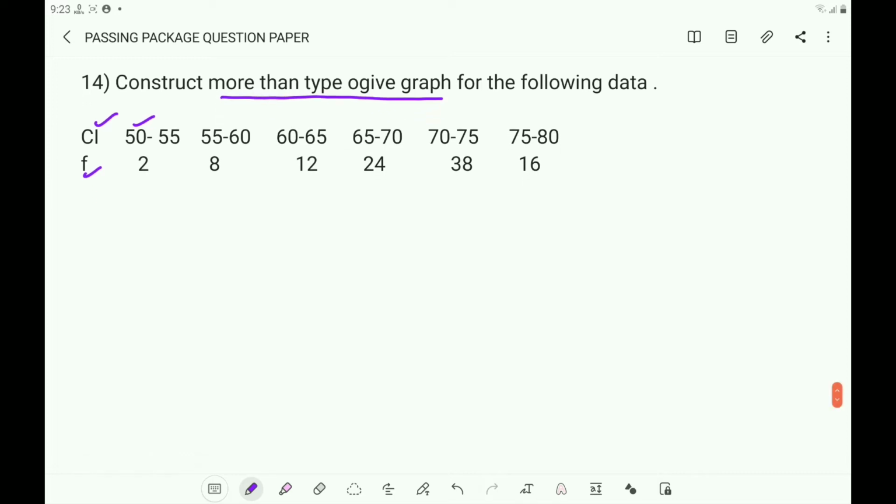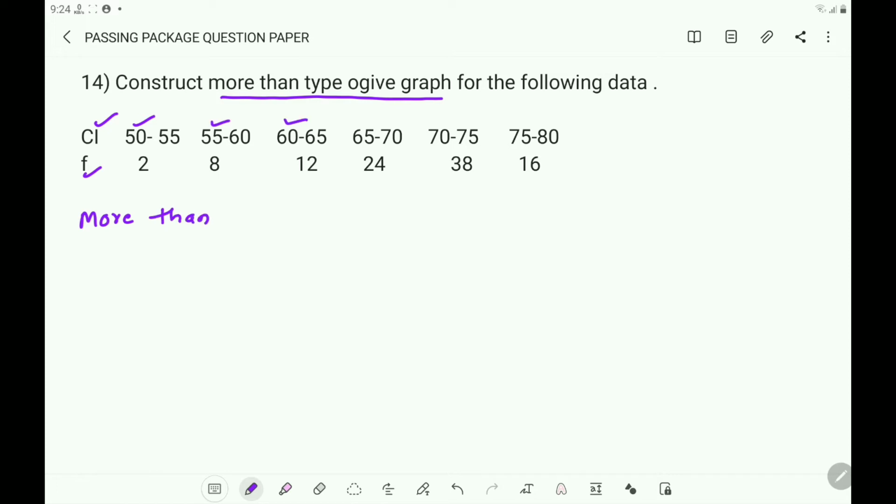So first you write here, this is more than type ogive. So you take more than what?